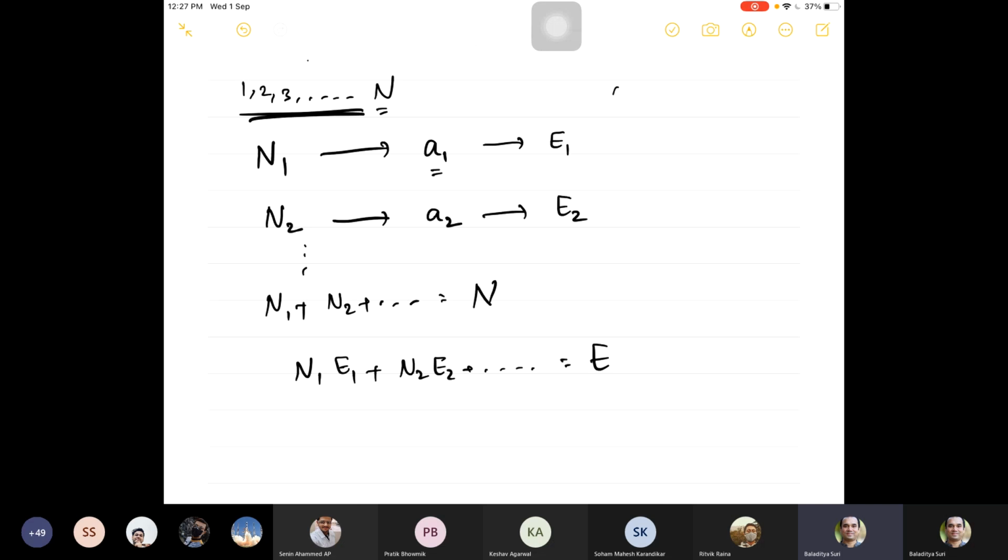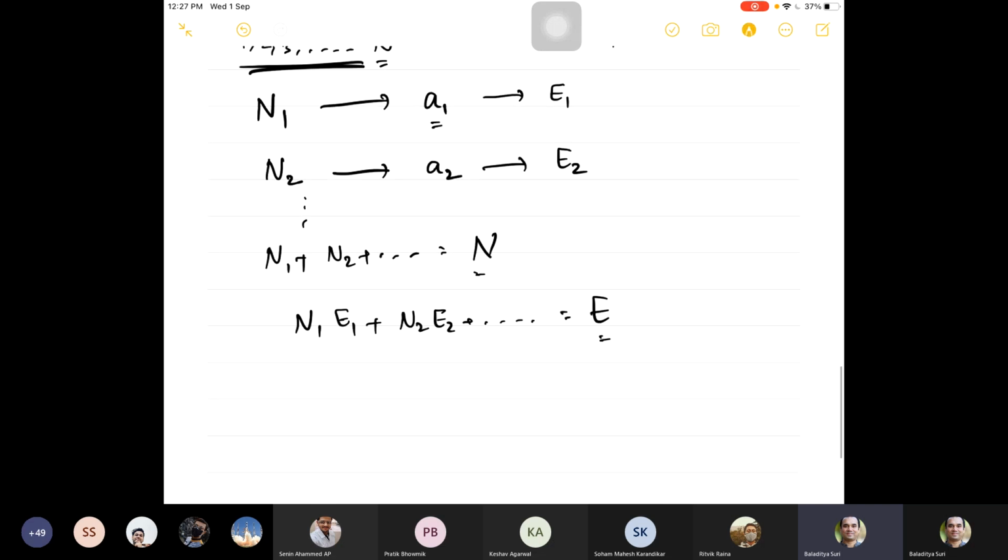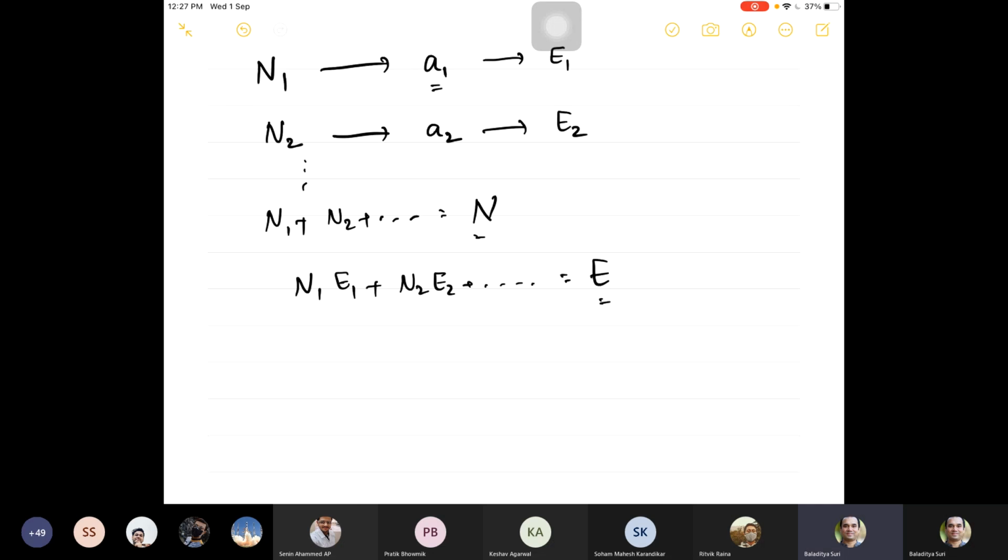Now, if the total n is fixed, the number of ways, or combinations, because remember that these systems are all different systems, but they are all identical.